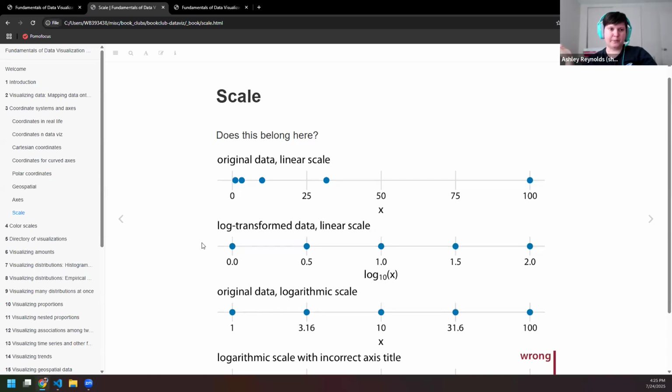I don't think it's necessarily inappropriate for this sort of scale, specifically logarithmic scales, to be here, but the chapter is almost more coordinate systems, axes, and scaling rather than just coordinate systems and axes.